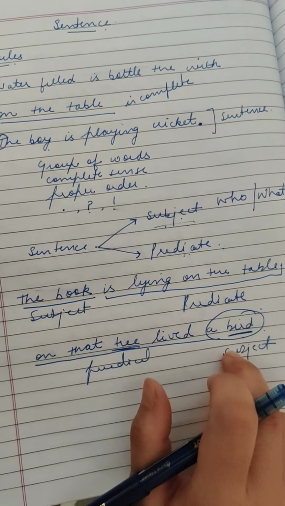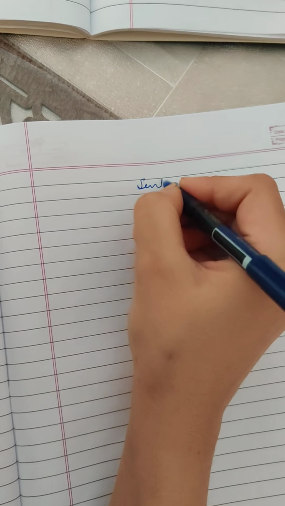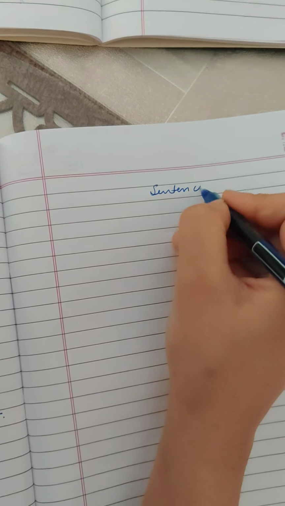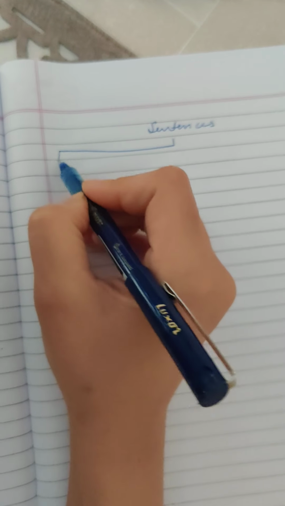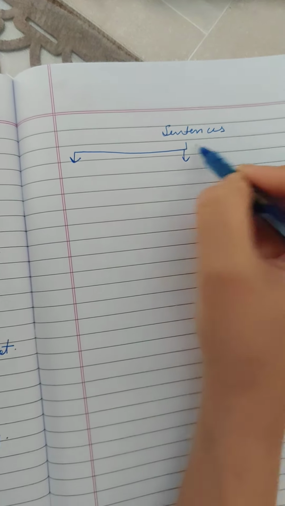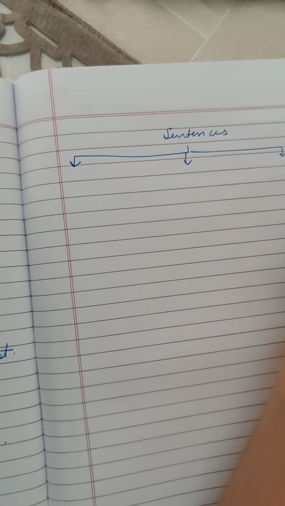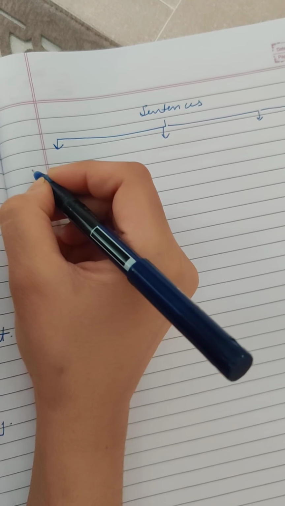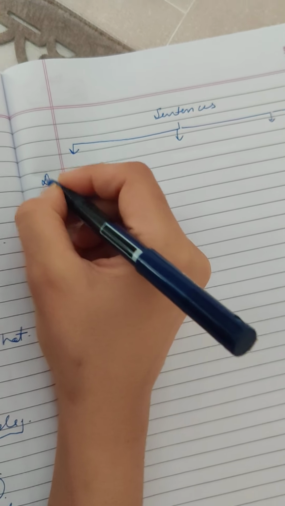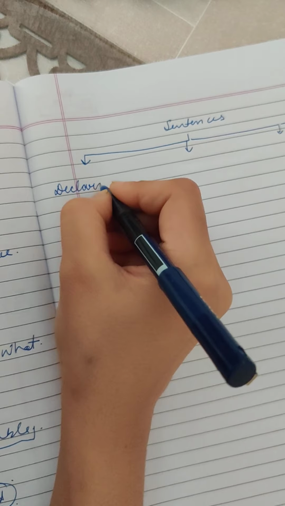Now, we have done two parts of the sentence. The sentence is divided into two parts. Now, how many types of sentences are there? Sentences are of four types. The first type is the declarative sentence.